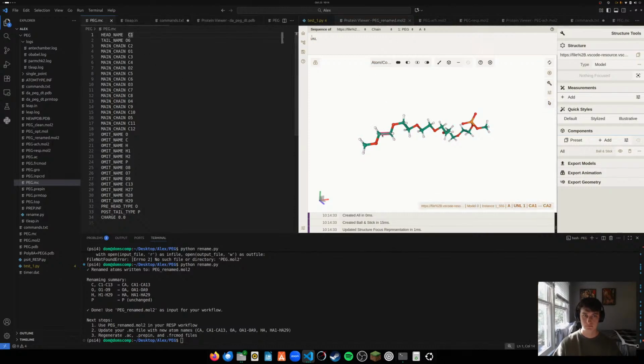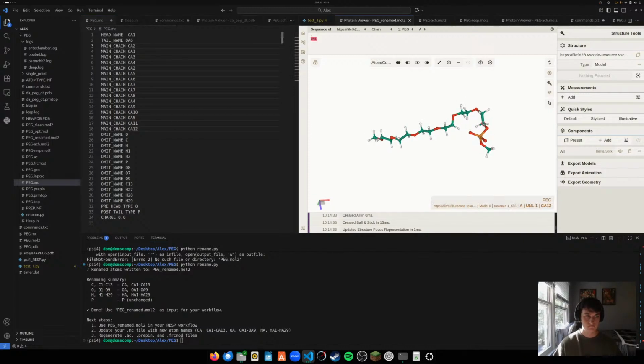CA1. And now this is OA6. So we got CA2. Do we just put A's there? Yeah, it looks like it.